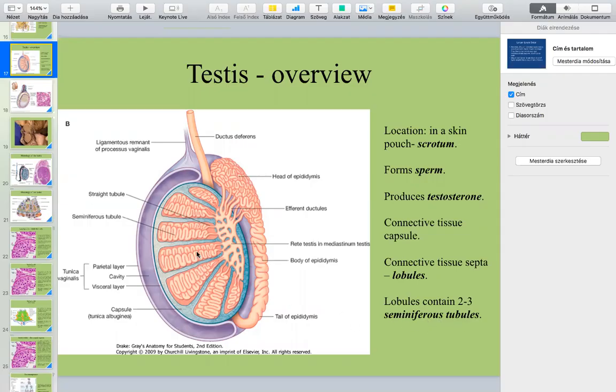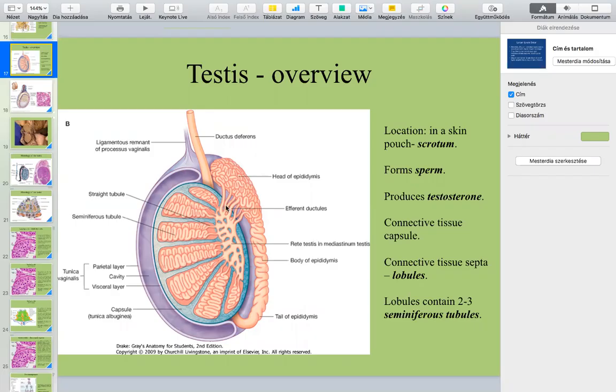These seminiferous tubules are lined by germinal epithelium, where the maturation of the sperm cells occurs. So these places are essential for proper sperm formation.